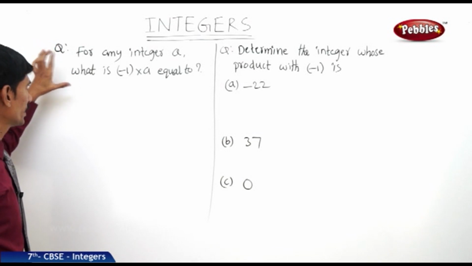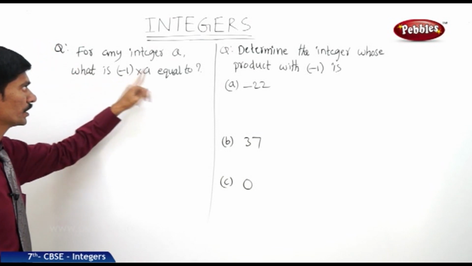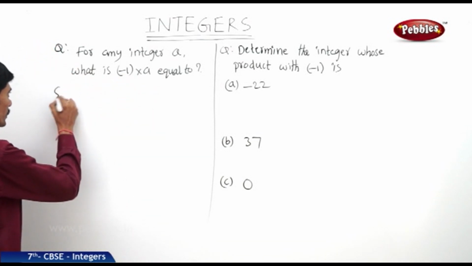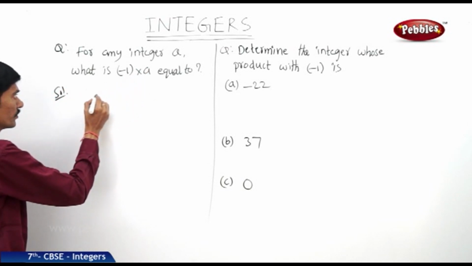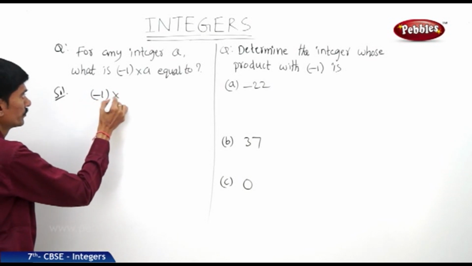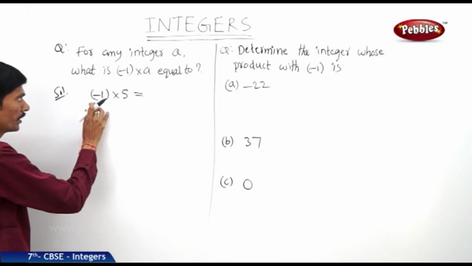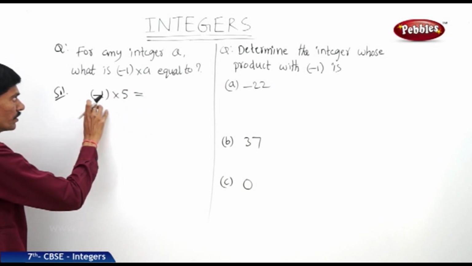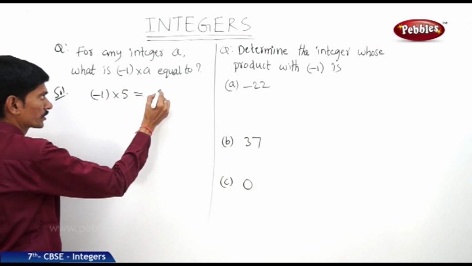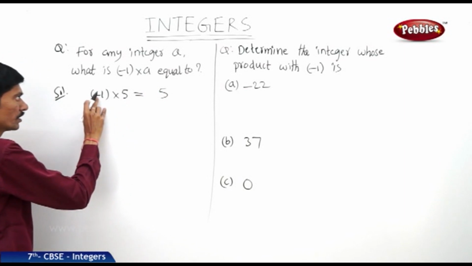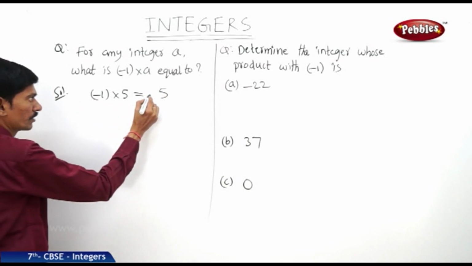For any integer a, what is minus 1 into a equal to? Now let us take any integer, 5. So minus 1 into 5 equals, when any integer is multiplied by minus 1, here 5 is multiplied by 1, then we get the product 5, and as it is a negative integer, we put the negative sign.